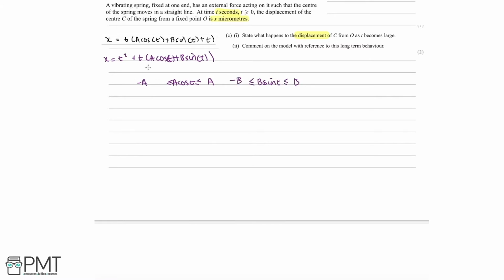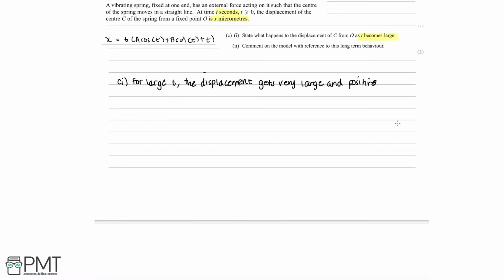Hence, eventually, this t squared will outgrow this t multiplied by a cos t plus b sin t if t becomes very, very large, because this part inside the bracket oscillates between a certain set of values, whereas t squared will always keep growing, and thus the displacement will also always keep growing. So thus, for large t, the displacement gets very large and positive.